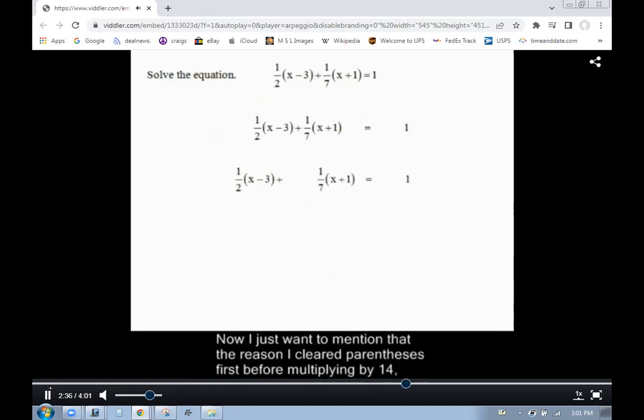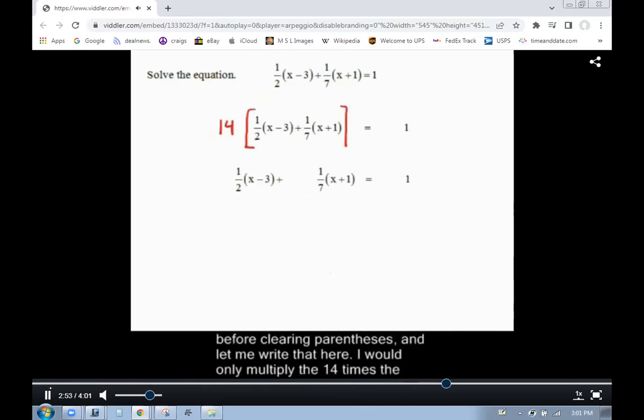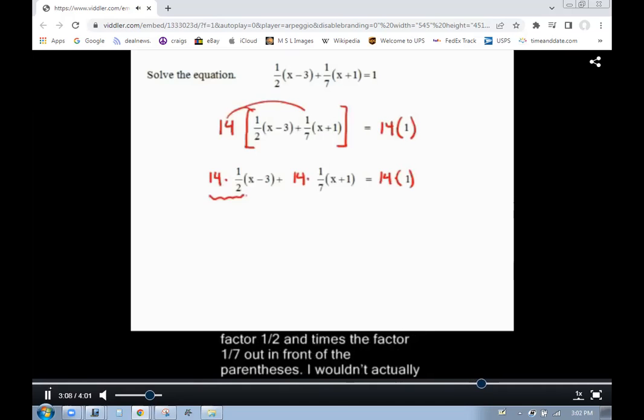Now, I just want to mention that the reason I cleared parentheses first before multiplying by 14 is to avoid a common mistake that many of my students make. If I had multiplied by 14 first before clearing parentheses, I would only multiply the 14 times the factor 1/2 and times the factor 1/7 out in front of the parentheses.